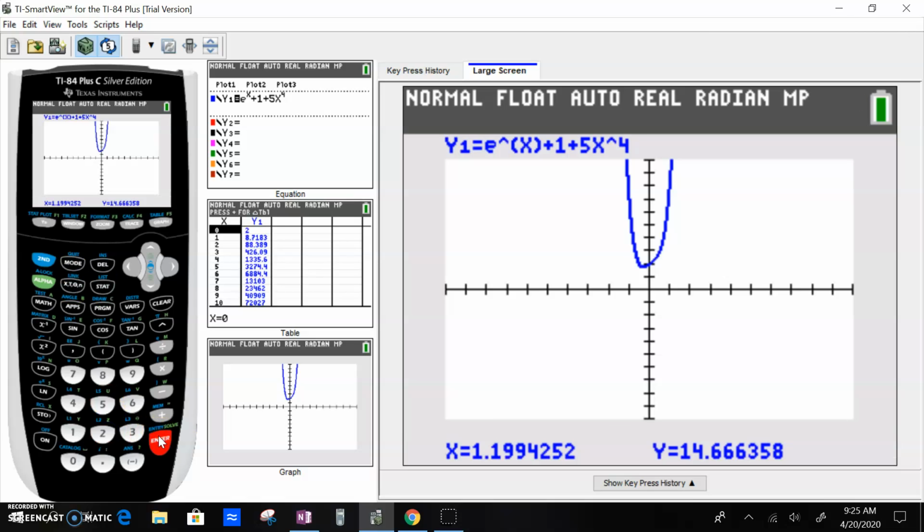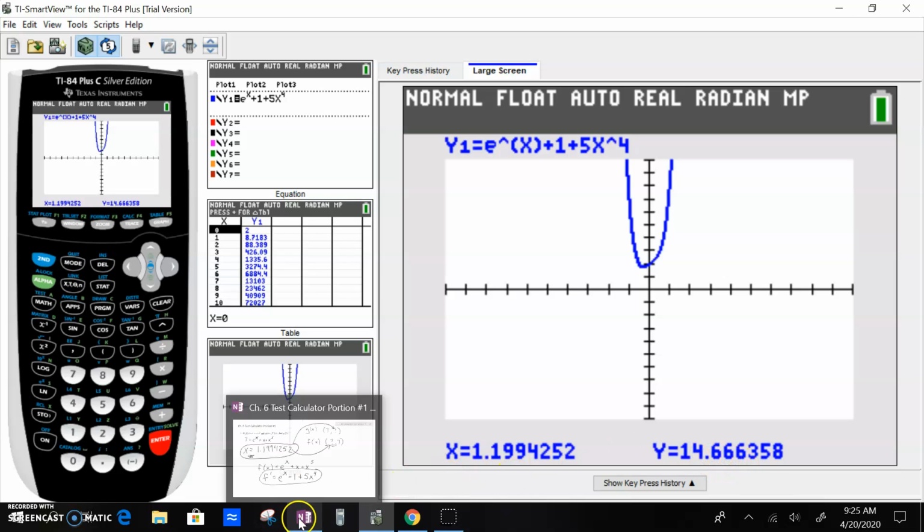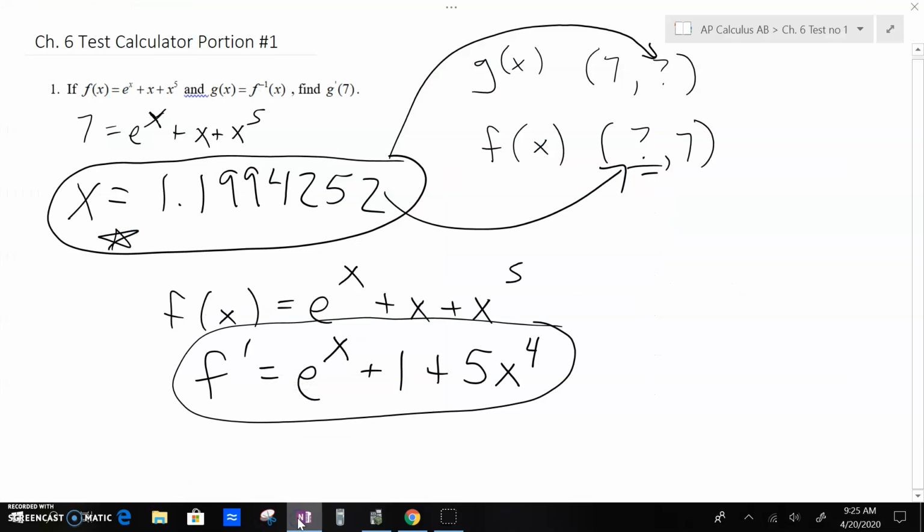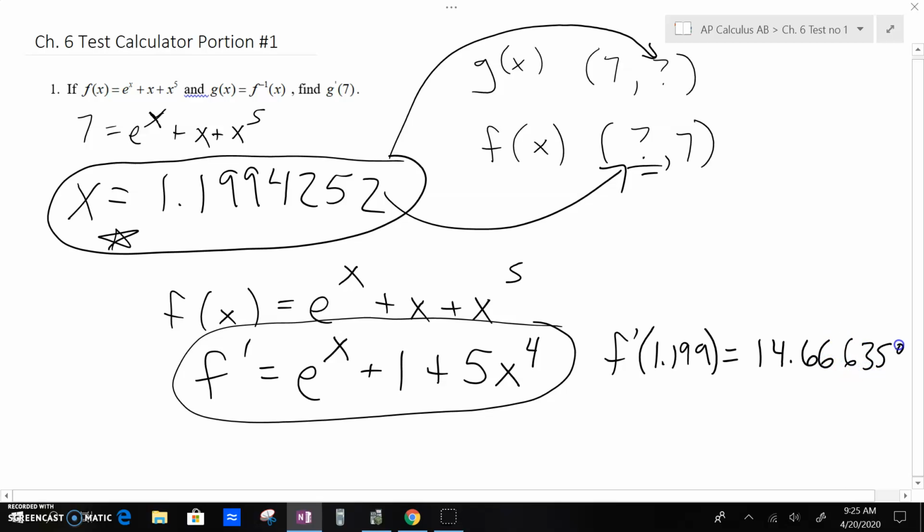And then that gives me 14.666358. So that's the y value associated with it. So I'll go back here and I'll say, okay, so on this derivative, when I plugged in the 1.199, what I got was 14.666358.